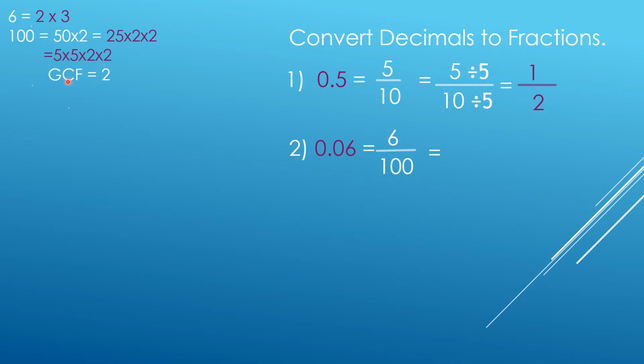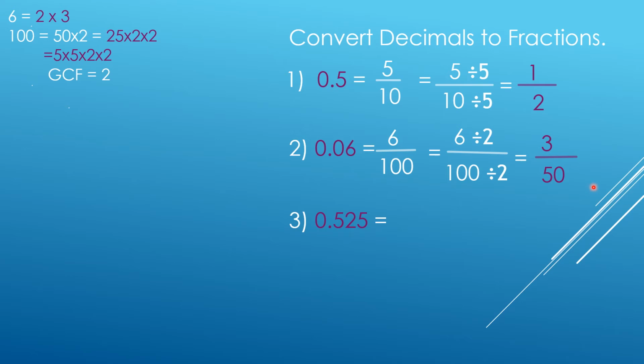I used prime factorization to get the greatest common factor. For 6 and 100, you can try 2 because you know it's an even number. If that's the first number you thought of as a common factor, you can just reduce it again if it's not yet in lowest term. So divided by 2, 6 divided by 2 is 3, and 100 divided by 2 is 50. This one is already in lowest term.